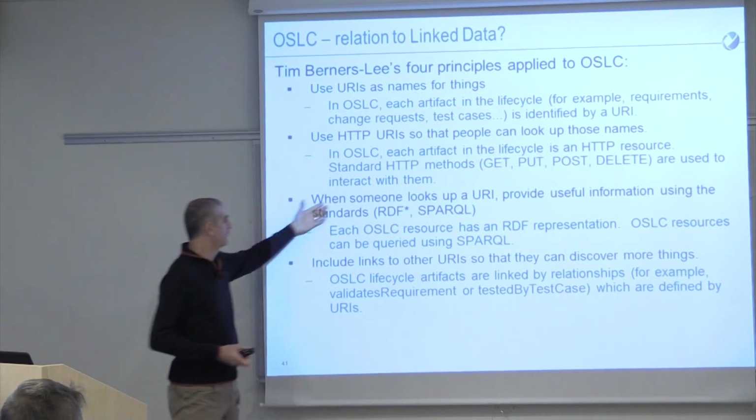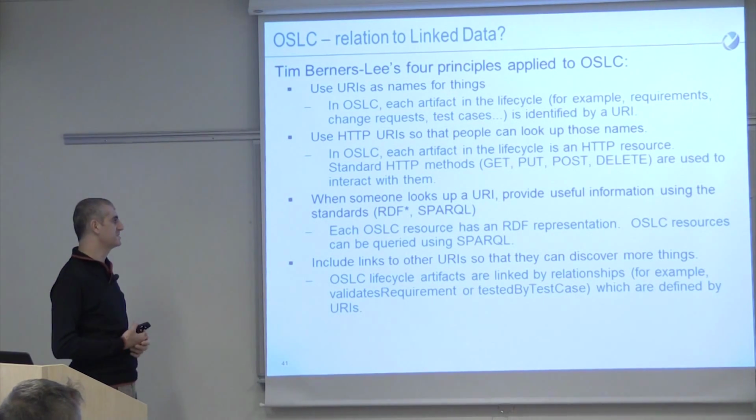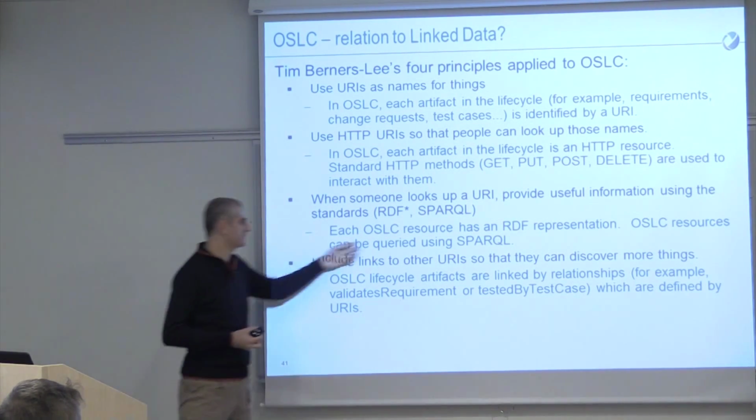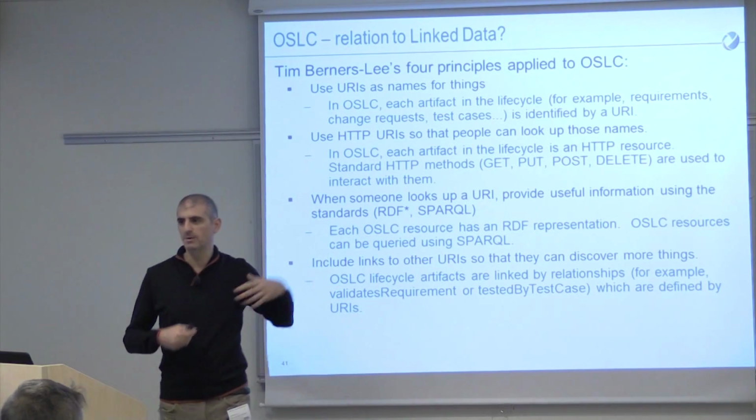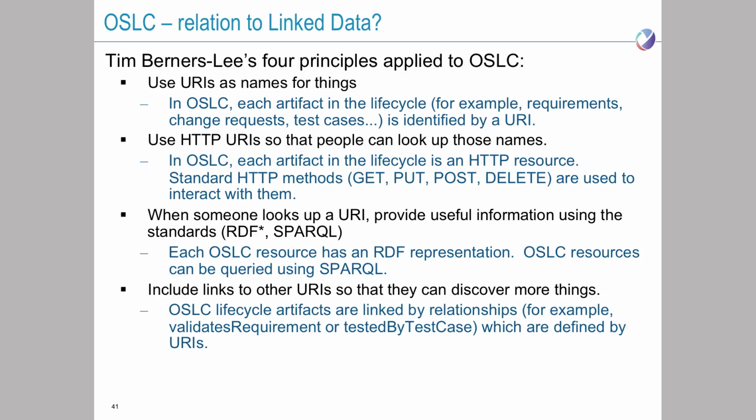When someone looks up a resource, they adopt RDF and SPARQL to get representations of OSLC resources. And then, of course, you can query it using SPARQL. SPARQL is part of the RDF family of standards, and that's how you query RDF data. So it's the equivalent, let's say, of SQL if you work with databases. For RDF, you work with SPARQL.